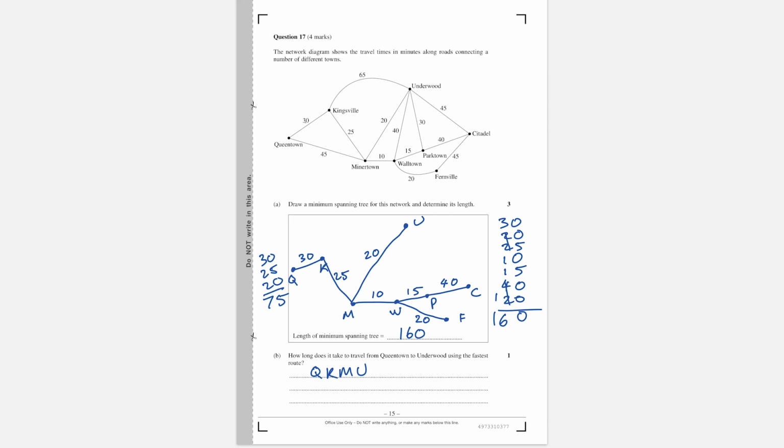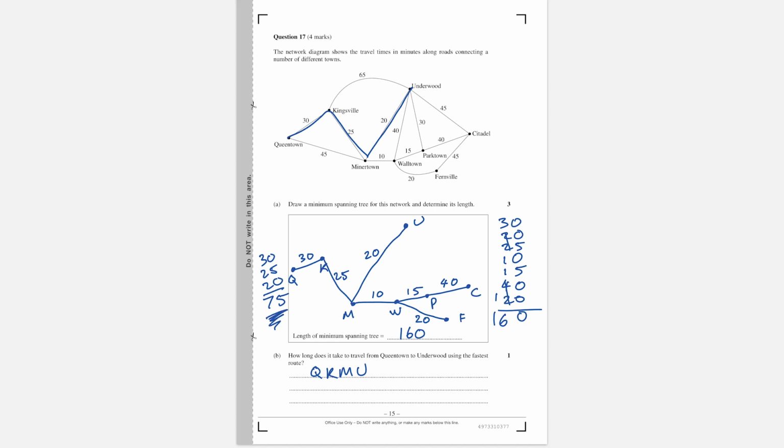So that is one way that we could do it, right? But there's a little trick here because the minimum spanning tree doesn't necessarily give you the fastest route between 2 points. So can you see there's actually a quicker way to go that is smaller than 75?